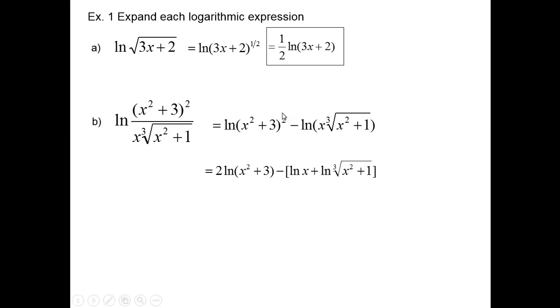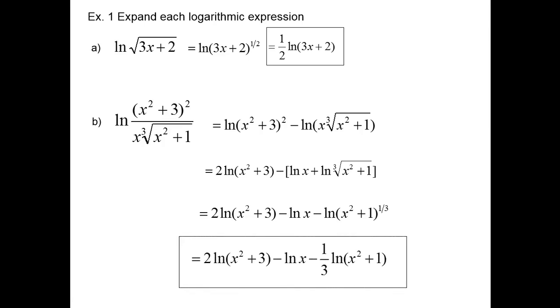Also notice this power of 2 I took to the front here. And since I have the cubed root of the x squared plus 1 expression, I'm going to write that as x squared plus 1 to the 1/3. And notice I also went ahead and distributed this negative. And if we bring that 1/3 to the front, that's completely expanded.